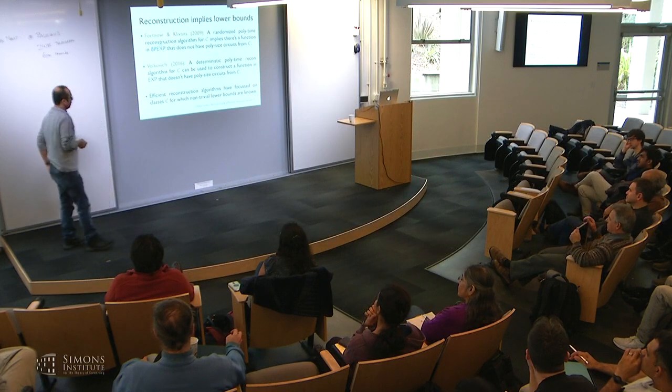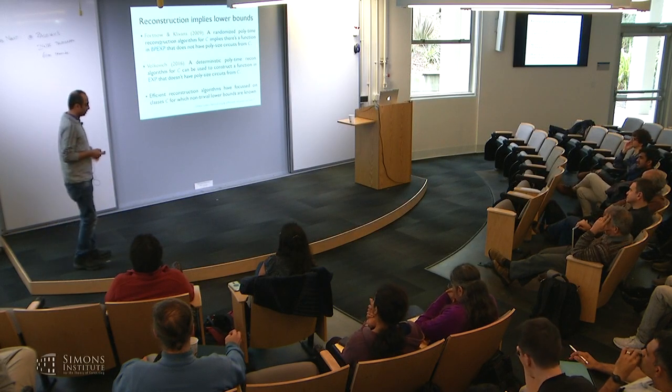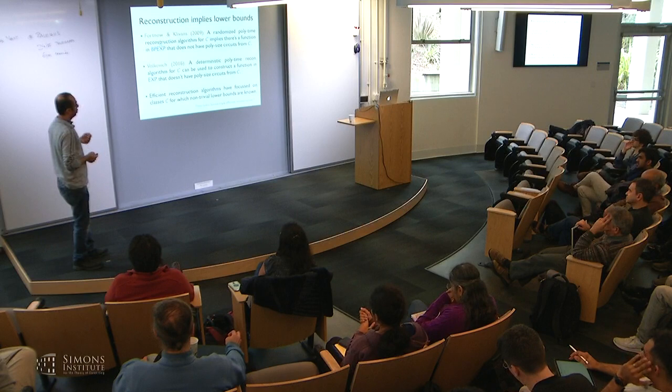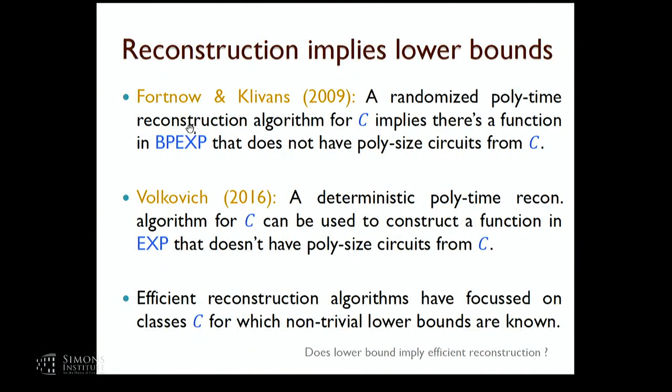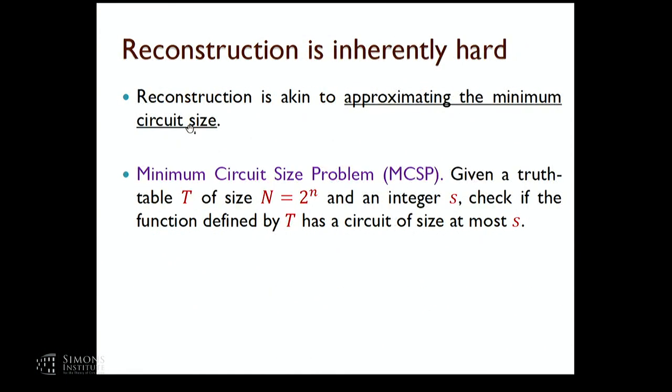Okay, so naturally, the converse question is: does lower bound imply efficient learning? Seems unlikely, because reconstruction is an inherently hard problem. It's directly related to approximating the minimum circuit size. The minimum circuit size problem, or the MCSP problem, is quite well studied, but it's not as well understood for arithmetic circuits.